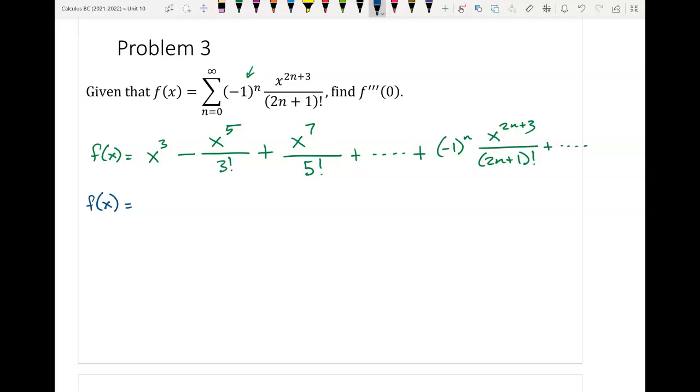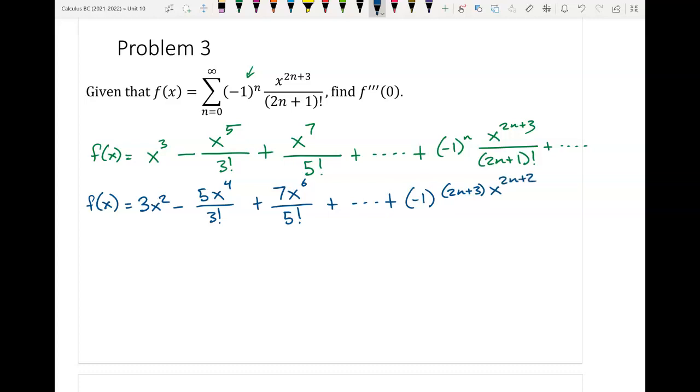F prime of x equals, well, that would just be 3x squared minus 5x to the 4th over 3 factorial plus 7x to the 6th over 5 factorial plus dot dot dot plus negative 1, that would be 2n plus 3 times x, and we're minusing 1, so that'll be 2n plus 2, over 2n plus 1 factorial.